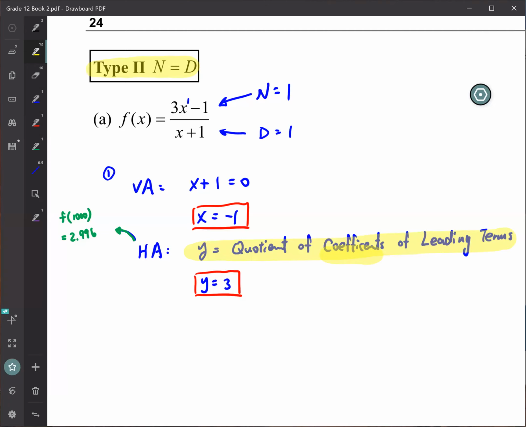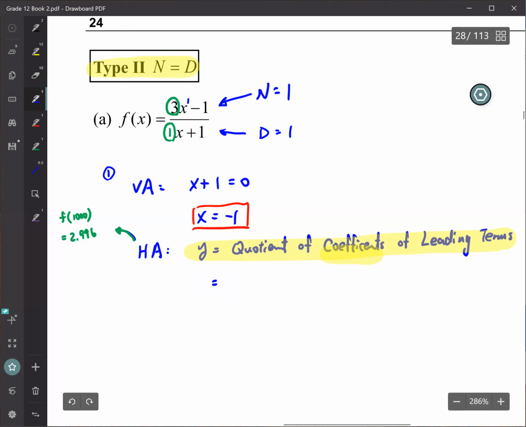So in this case, the coefficient for the numerator is 3, right? The leading term. And for the denominator, it will be 1. Okay, so if you divide 3 by 1, that's how you get the 3. Okay, so for this example, let me rewrite this.